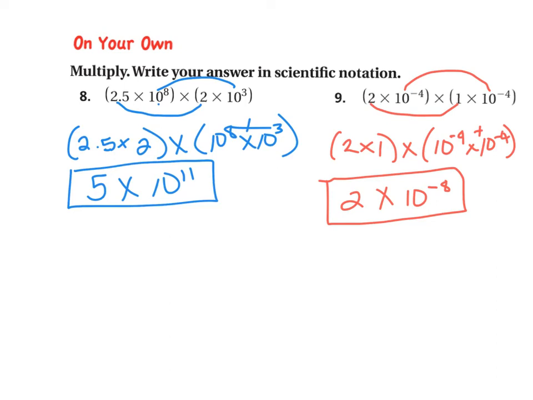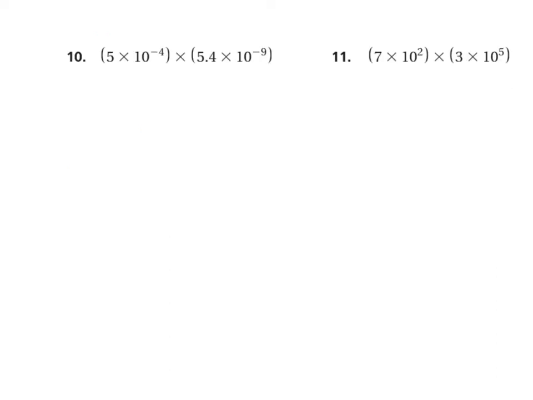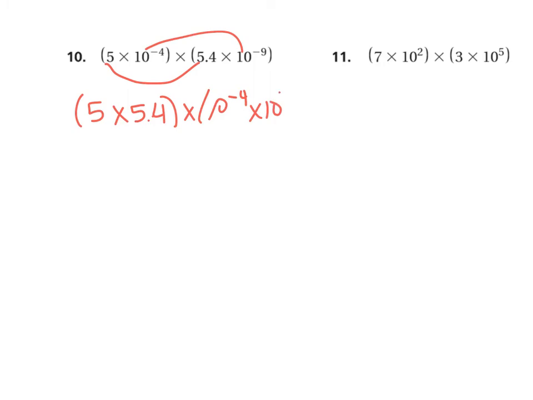All right, let's do 2 more. All right, last 2. These ones, you can bet that we're going to have to simplify twice on here, but that's okay. So for the first one, I have 5 times 5.4, times 10 to the negative 4 times 10 to the negative 9.